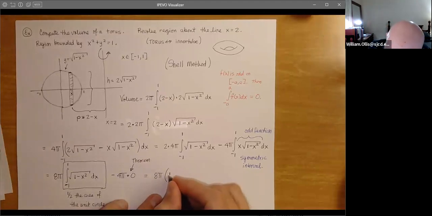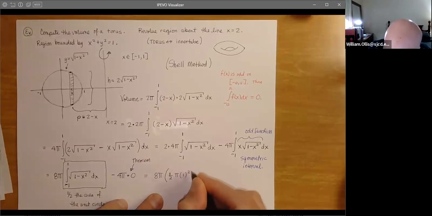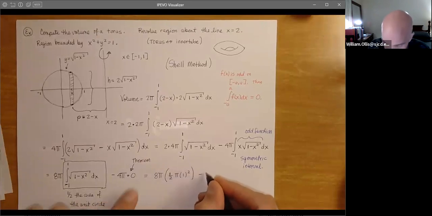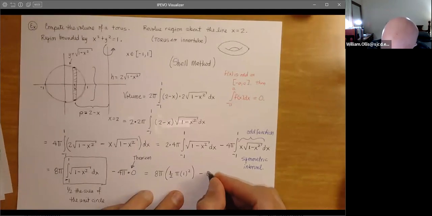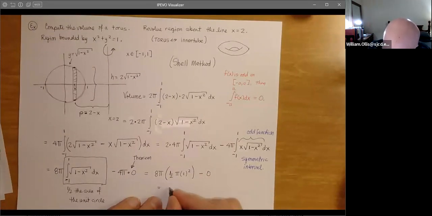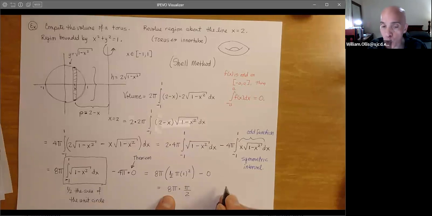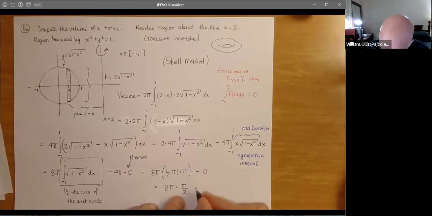So we have 1/2 pi, and of course the radius is 1. And then of course 0 times 4 pi is 0. So this gives us 8 pi times pi over 2. And the 2 absorbs into the 8 to give us a 4, and then pi times pi gives us pi squared.